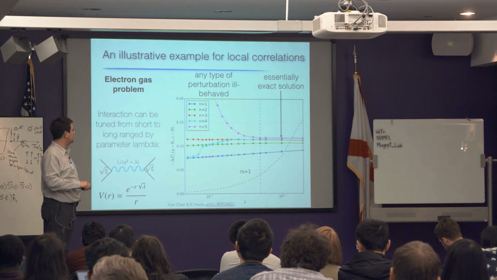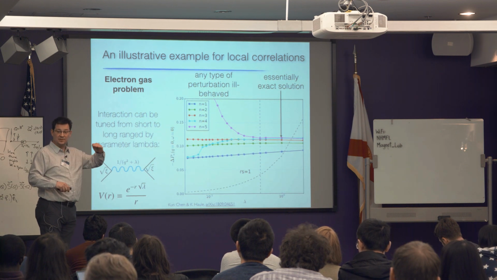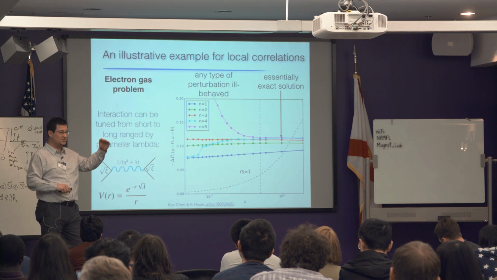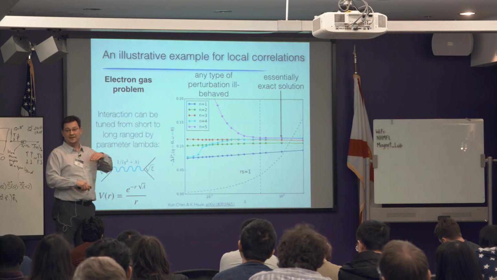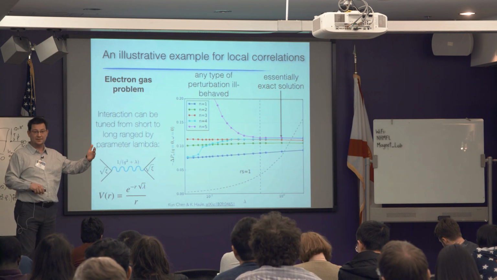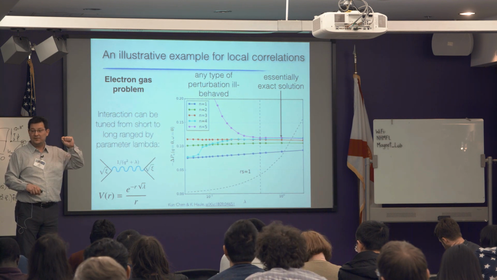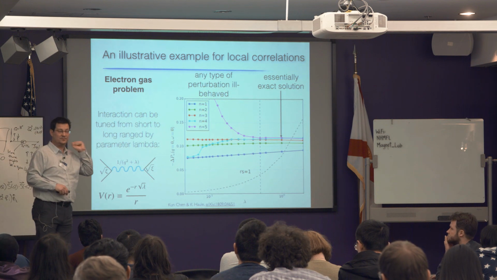However, if you choose the screening to be large, then you reach your solution slowly but steadily towards the exact solution. So the convergence is uniform. Of course, for any lambda, eventually the perturbation theory will break down, but you can get arbitrarily close to the exact solution if you can go to very high perturbation order.